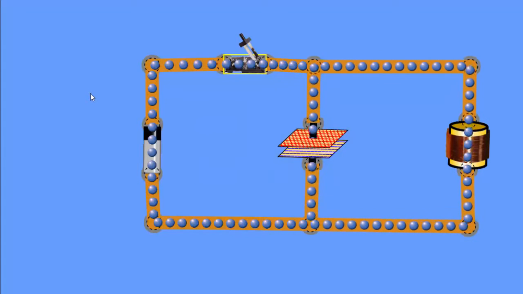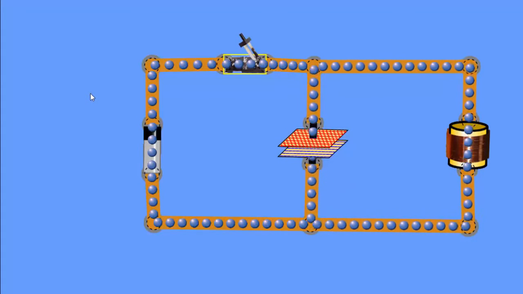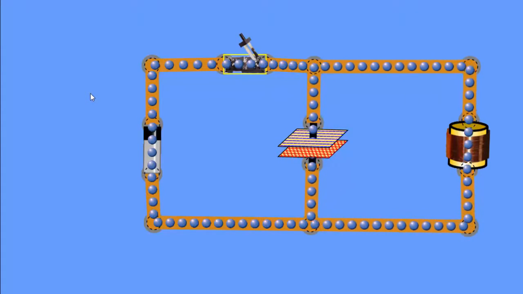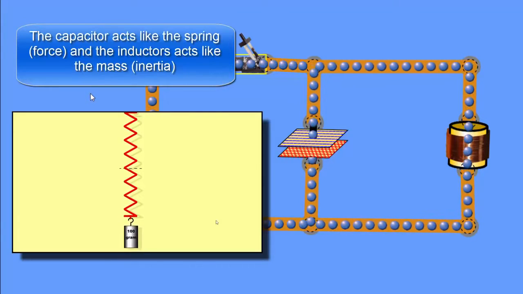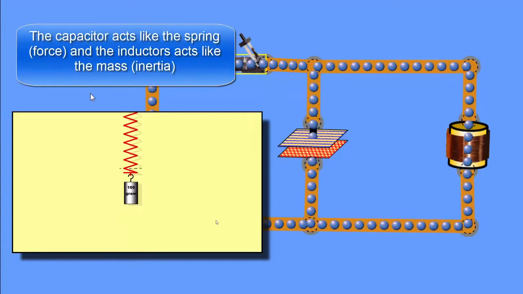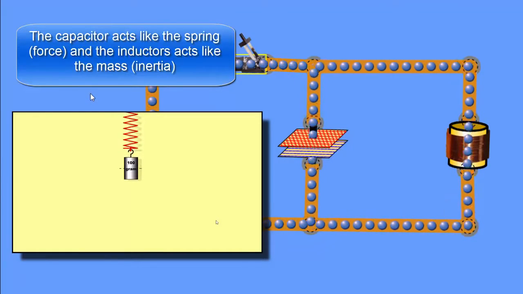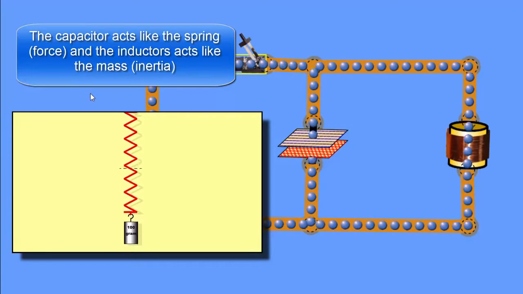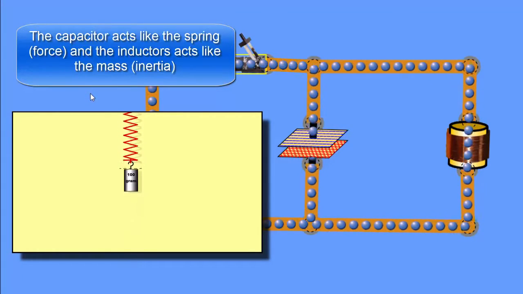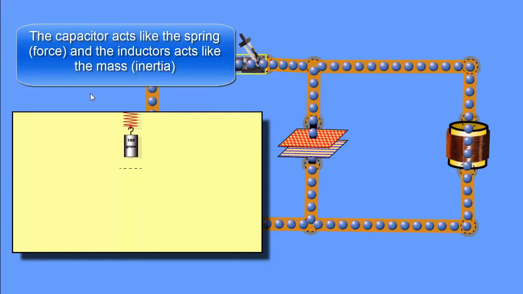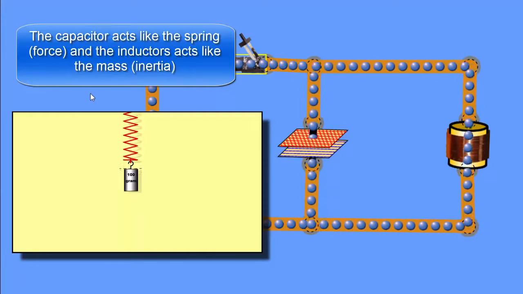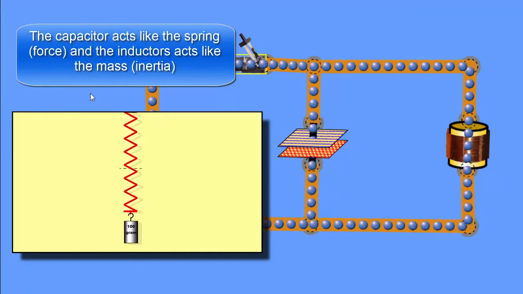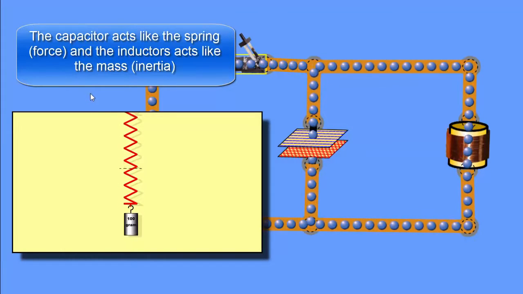Another system that this is very similar to is a spring mass system. A spring mass system allows the weight of a mass to be converted into kinetic energy as it moves, and eventually that kinetic energy, when the mass stops moving, is converted into potential energy on the spring in the form of tension.